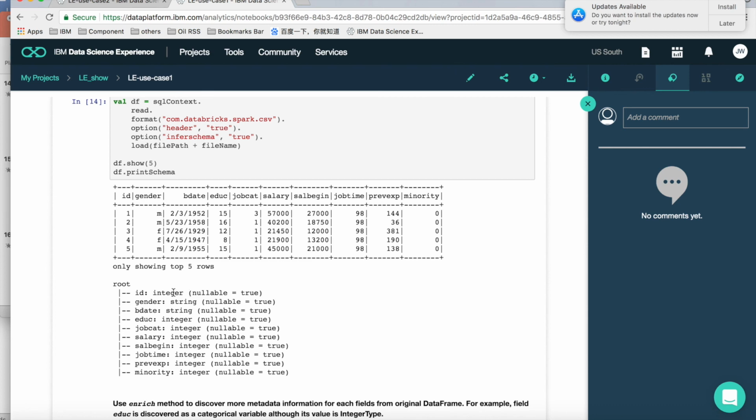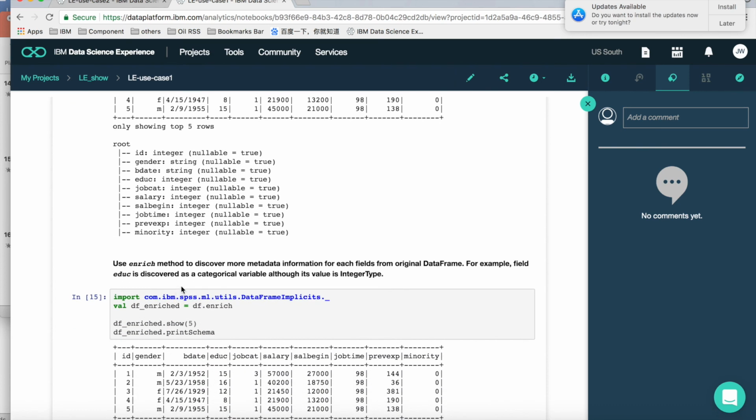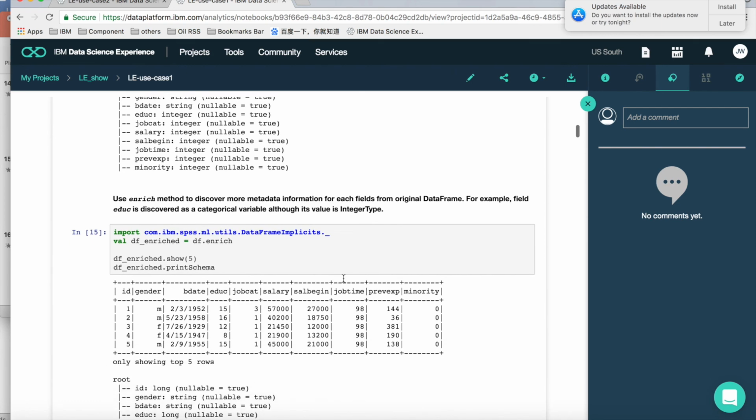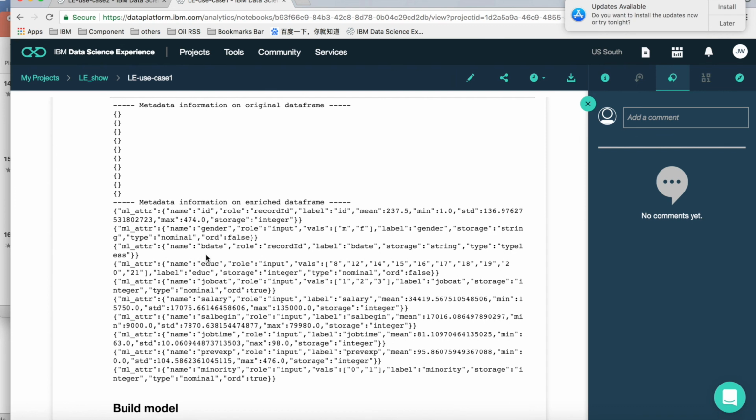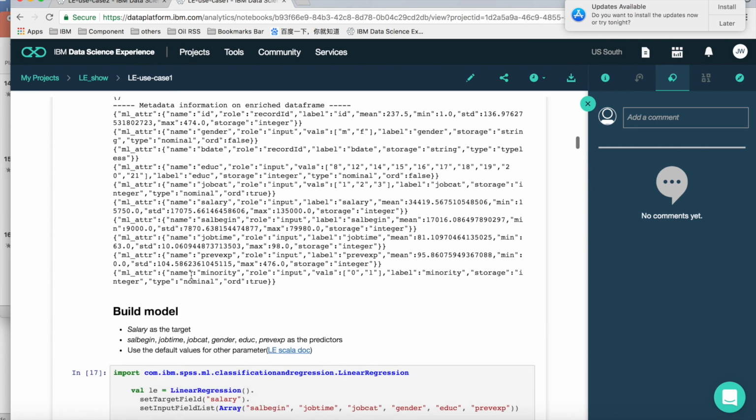So we need the enrich method to discover more metadata information for each field from the original data frame. For example, the field education is discovered as a categorical value though its value is integer type. Look at this, education 8, 12. That means different education levels.